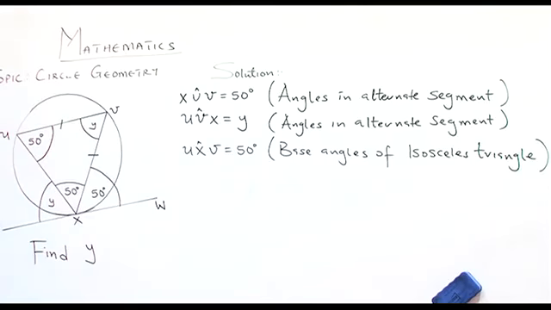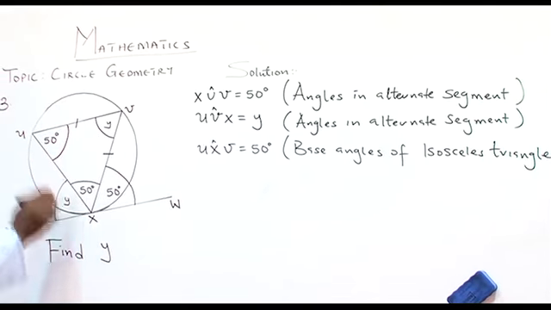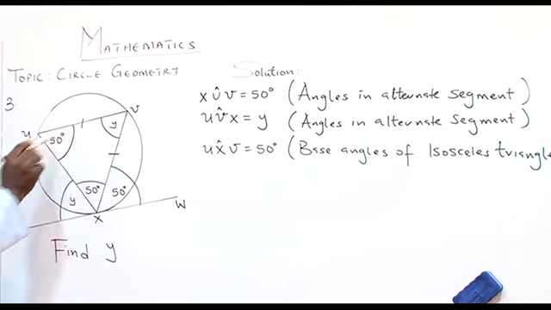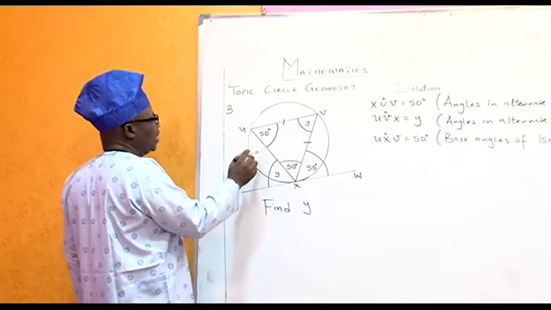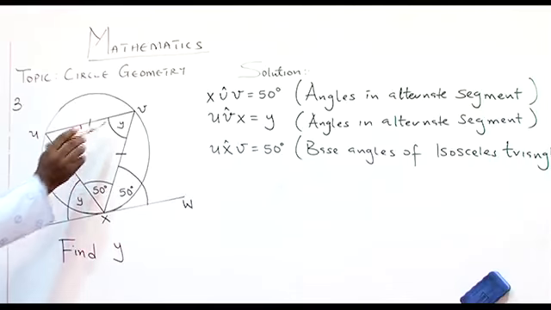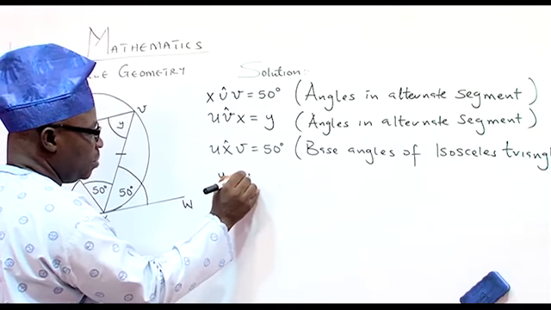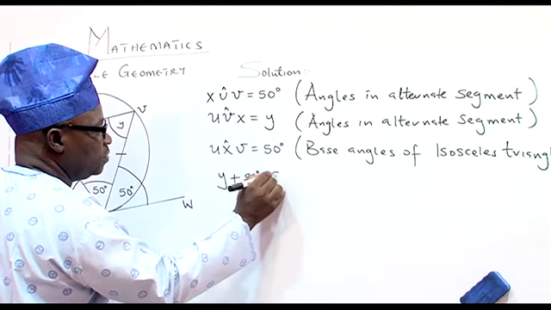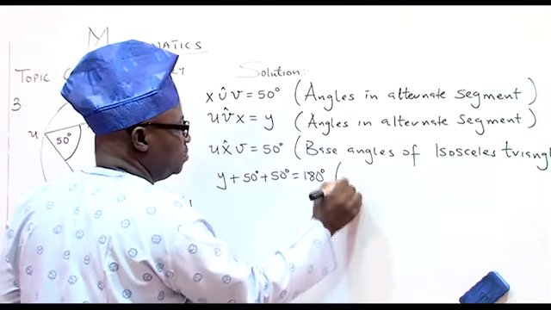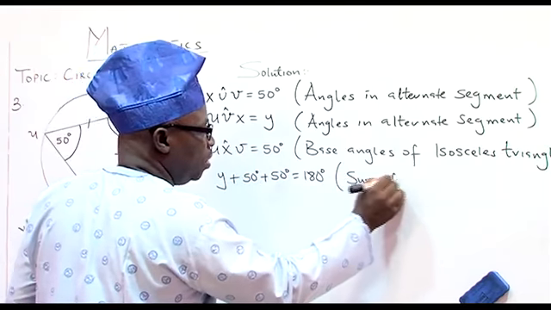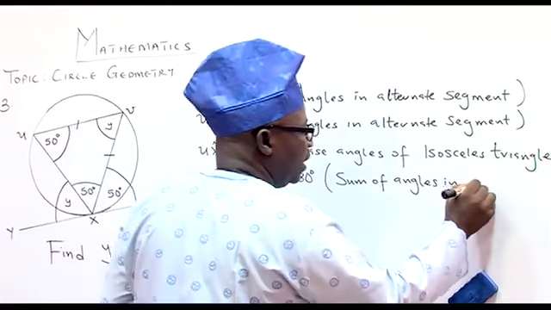So at this point, we are ready to find the value of y. Looking at the triangle, the sum of the three angles in a triangle will add up to give 180 degrees. So we can say 50 plus 50 plus y is going to be 180. So we write that out. Y plus 50 degrees plus 50 degrees is 180 degrees. The reason: sum of angles in a triangle.